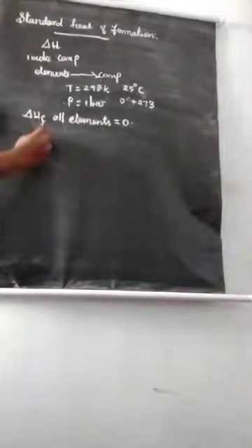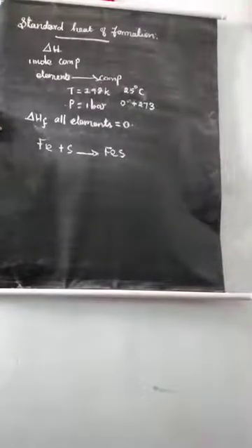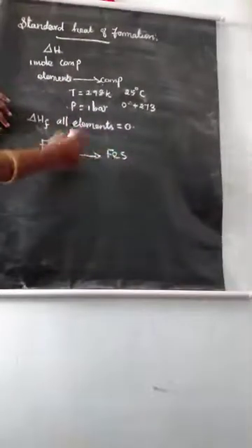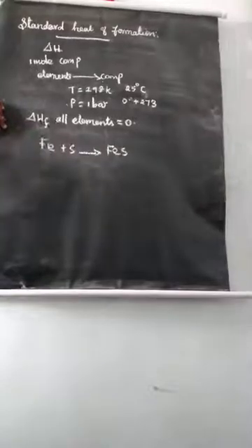Now consider some examples. Two elements, iron and sulfur, mixed to form iron sulfide. Here this is the definition: 1 mole of compound formed from its elements. So iron sulfide is formed from its elements iron and sulfur.